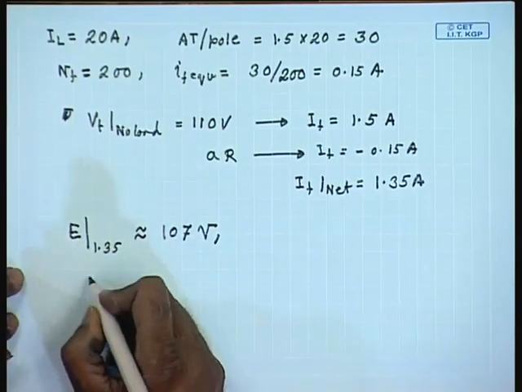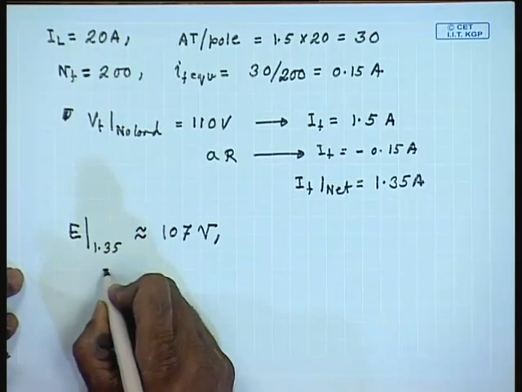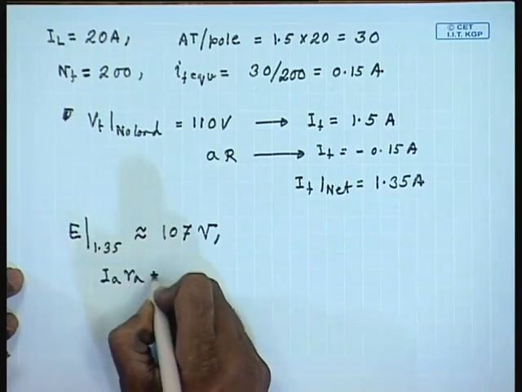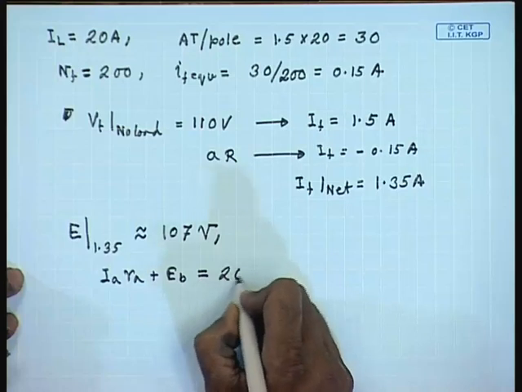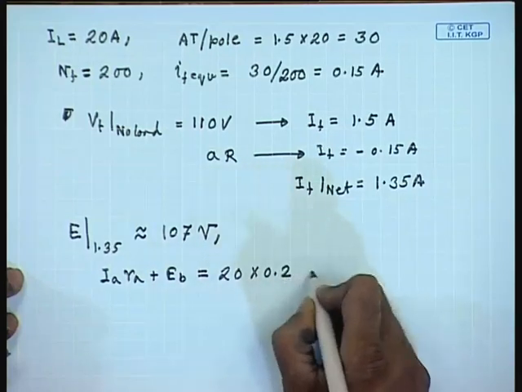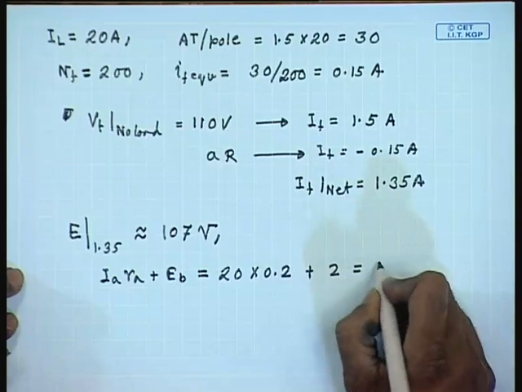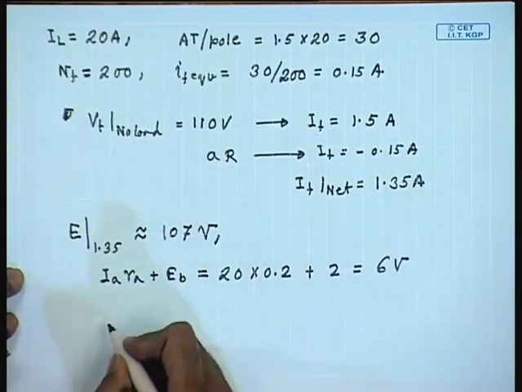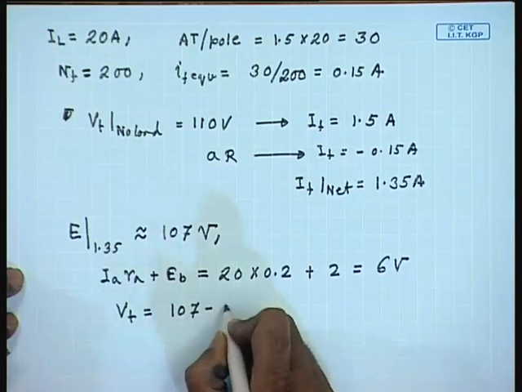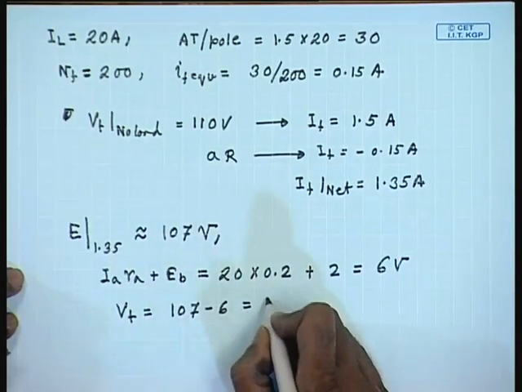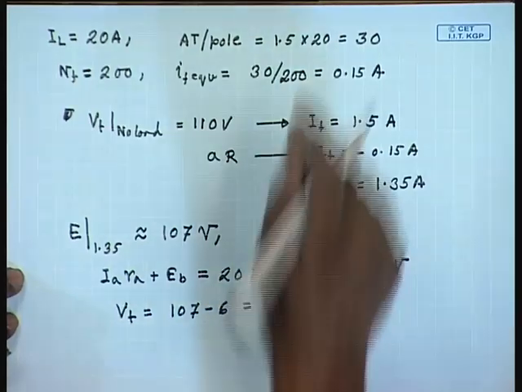The armature circuit drop is Ia Ra plus Eb, that is equal to 20 into 0.2 plus 2 equal to 6 volts. Therefore, the terminal voltage Vt will be equal to 107 minus 6 equal to 101 volts.